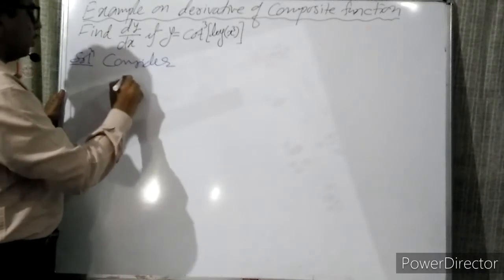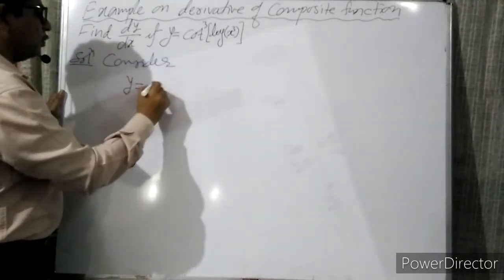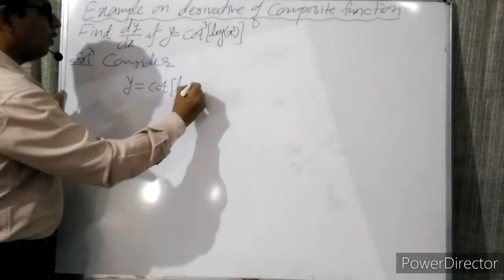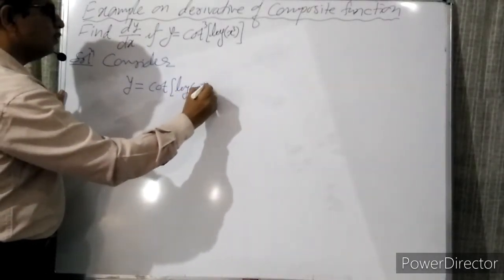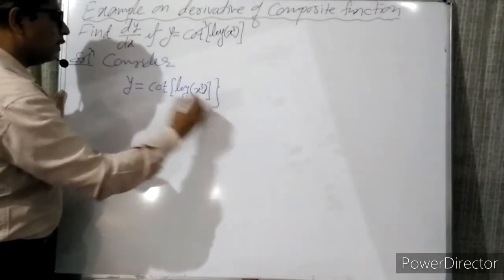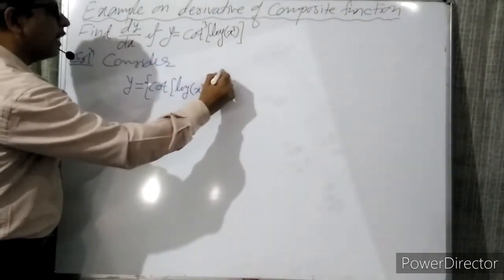Consider y is equal to cot of log of x cube, and here I will put a curly bracket and its cube.